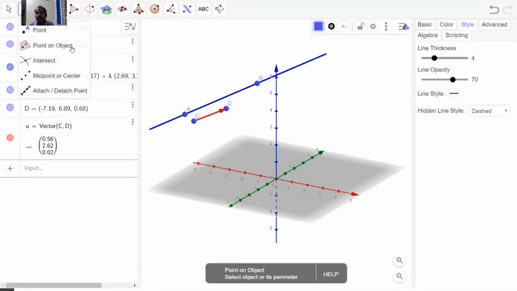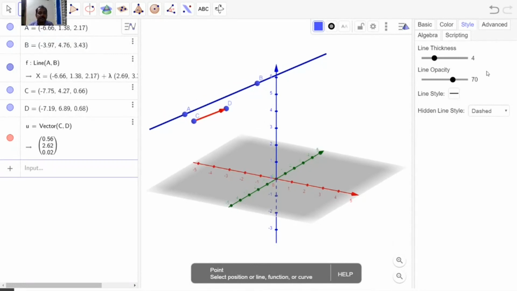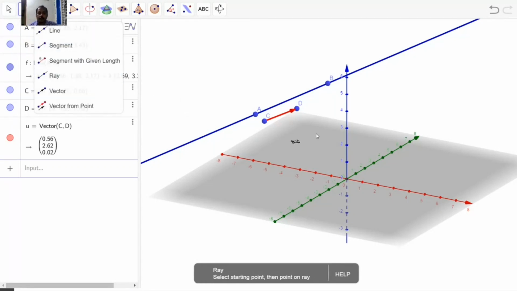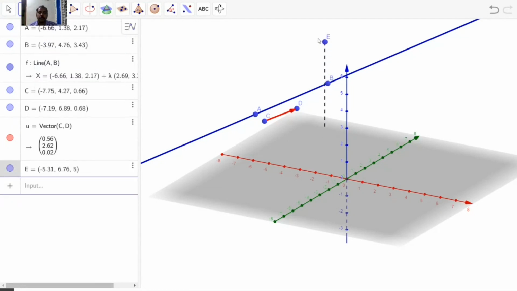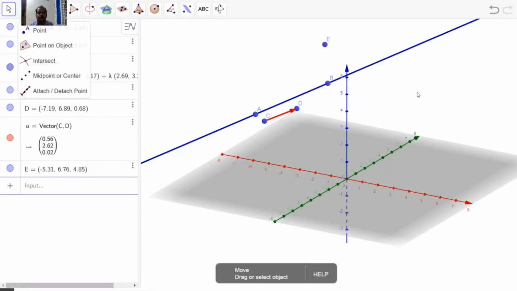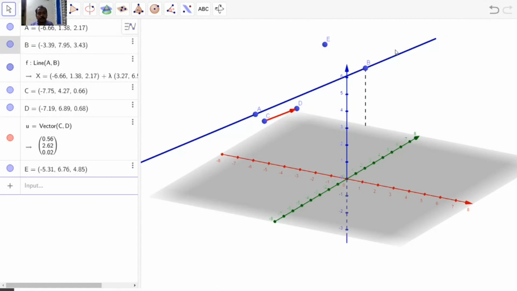And consider a point S in space. Bring this to this point, and drag this to somewhere.